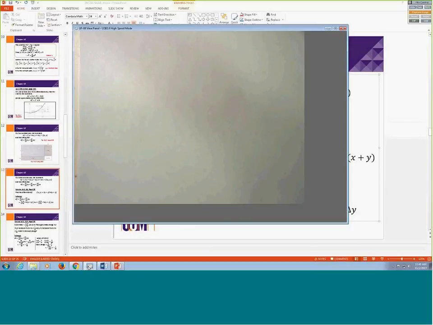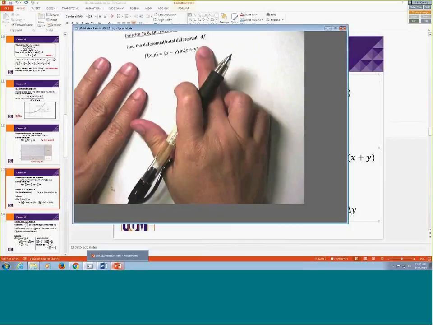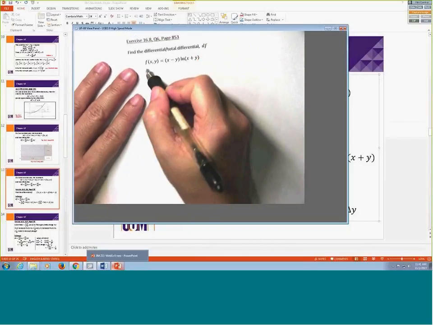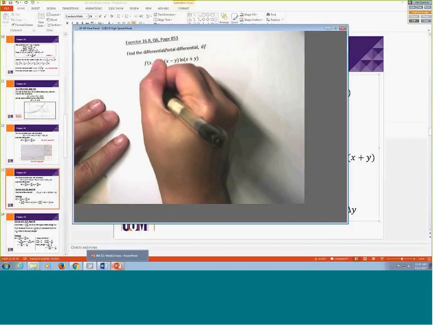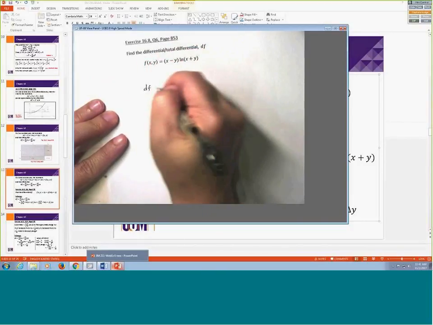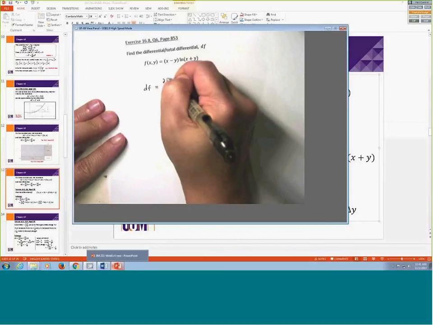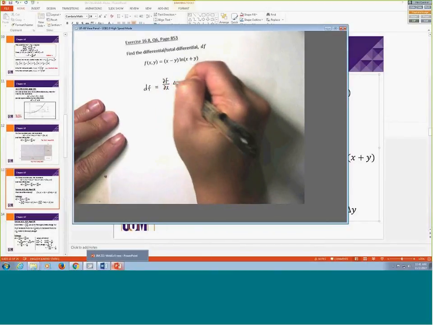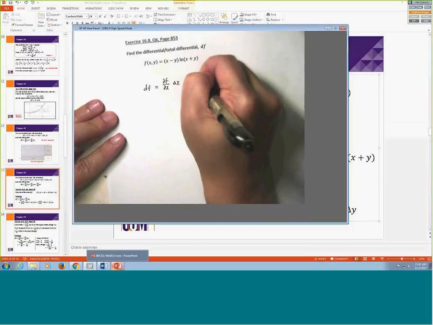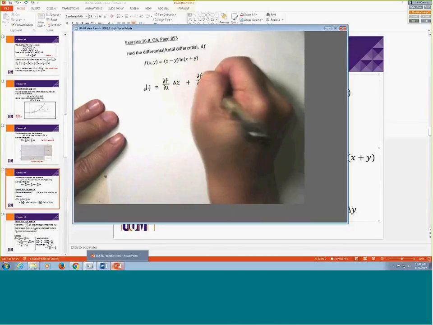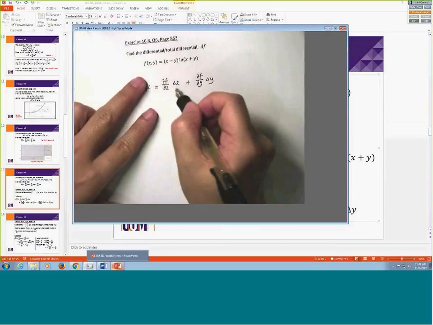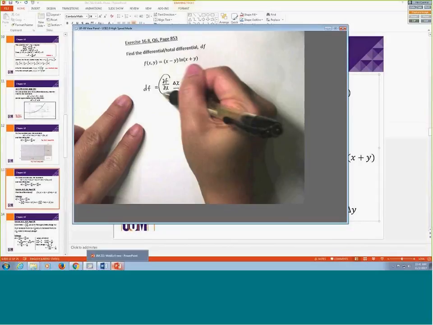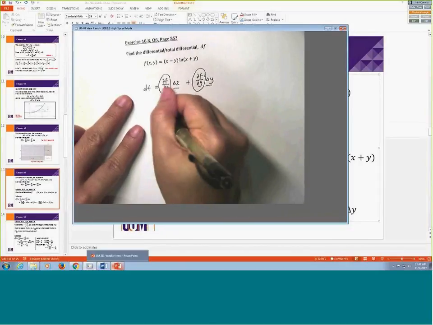The formula for df when it involves two variables is del f del x delta x plus del f del y delta y. When they say find the differential or total differential, since no values are given, you just need to find del f del x and del f del y, substitute into this, and you get df.